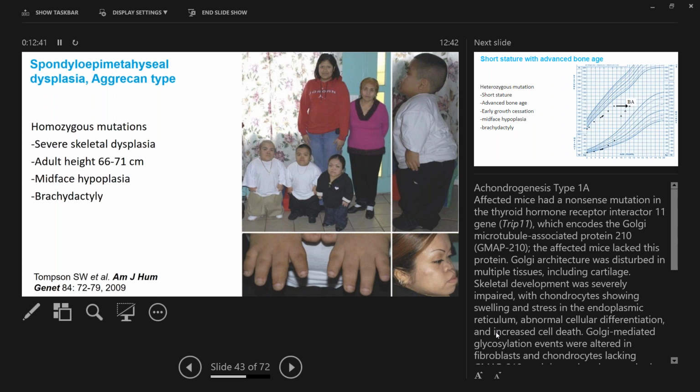These are the only 3 individuals described, but their adult height was between 66 and 71 centimeters. Extreme short stature with also severe brachydactyly and severe mid-face hypoplasia. And this was one of only 3 families with aggrecan mutations described.